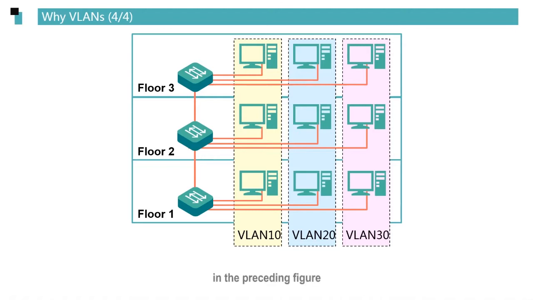For instance, in the preceding figure, each department is assigned a VLAN for isolation, and the staff of each department are working at different floors. PCs on different floors can be grouped into a single VLAN.